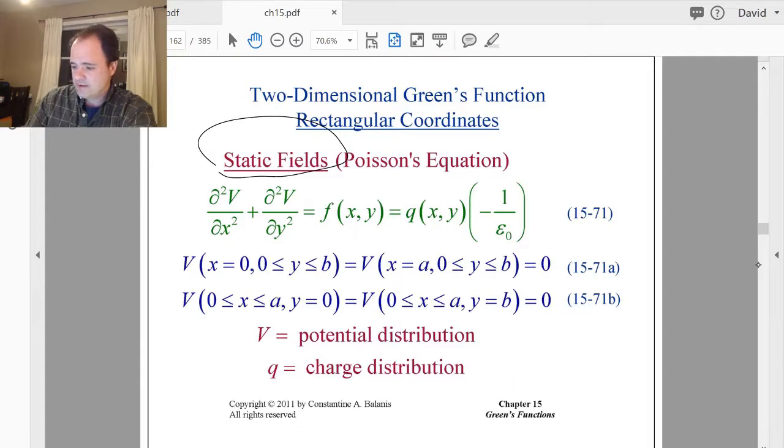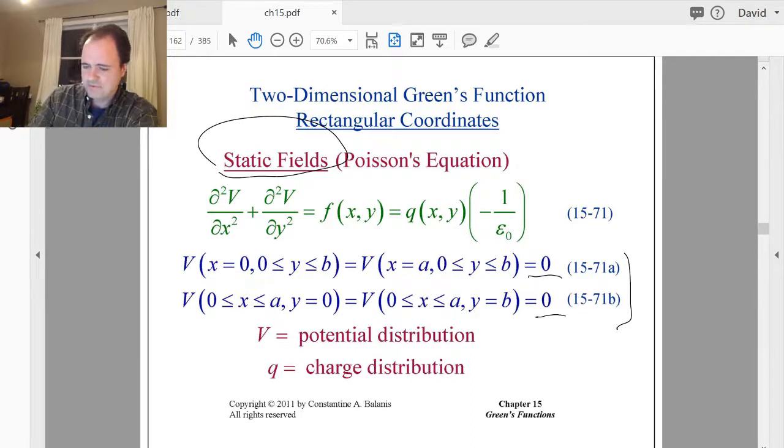We're going to impose upon V four boundary conditions. And this could potentially be within a rectangular cavity or a waveguide in which we are holding the walls at zero potential.